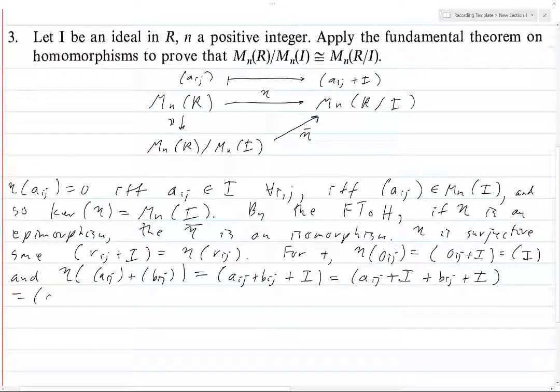And so this is (A_ij + I) + (B_ij + I), and that's eta(A_ij) + eta(B_ij).